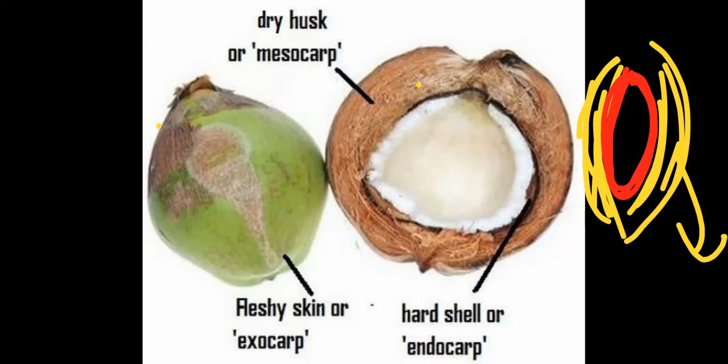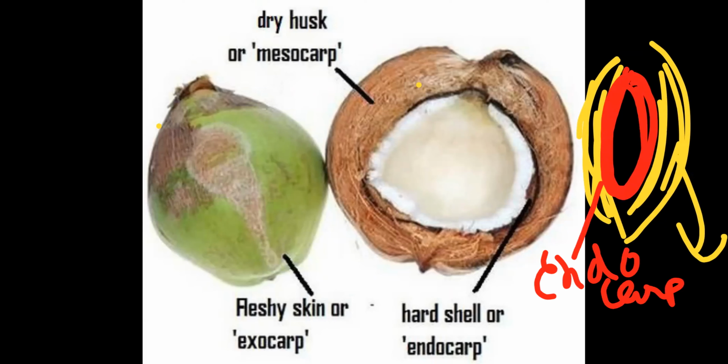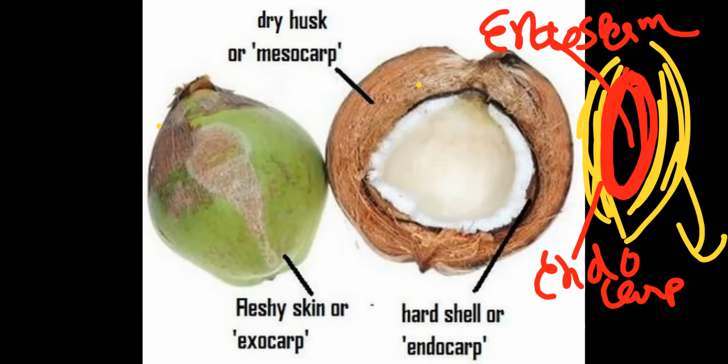So this one, hard one, that is the endocarp. That is which one? Endocarp. And inside that endocarp, the water is there. That is the endosperm. Remember angiosperm, triploid, PEN. ये है वो endosperm, which is the main edible part.